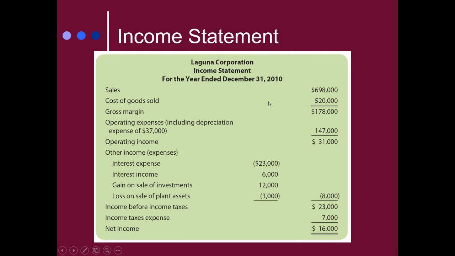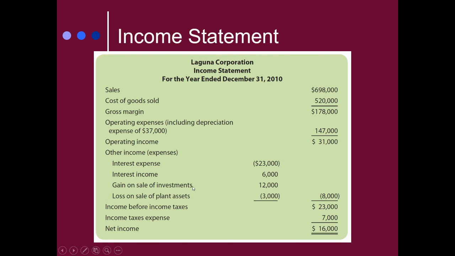Then this is the information from the income statement. So what information do you need to look out for? The net income, and from here you're going to look into the interest, any interest expense or interest income. So these are revenues. Then the gain on sale of investment and loss on sale of plant asset.